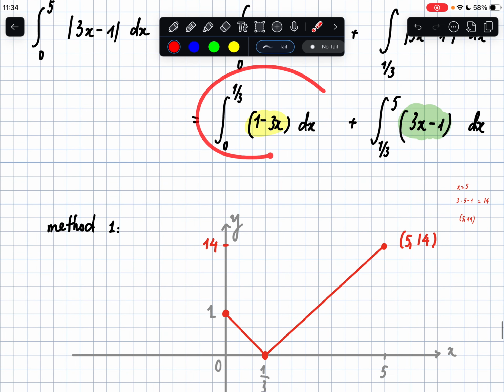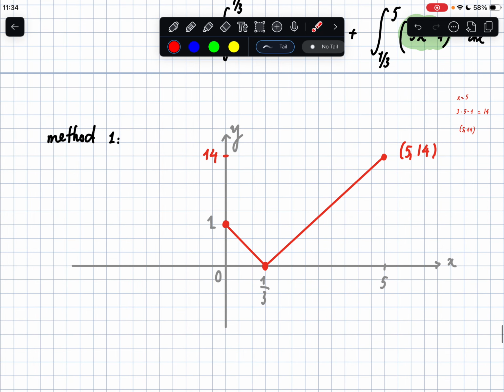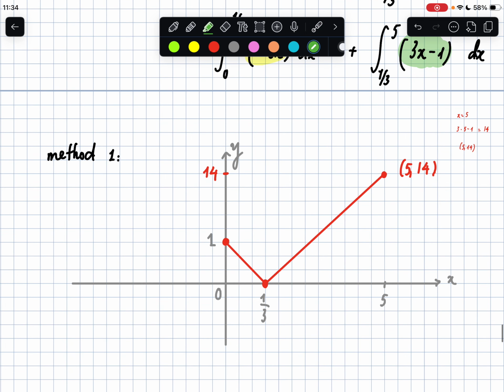The integral here is the area under this curve plus the area under this curve. So the area under the yellow one, this yellow region, and say the green region, this one. You can compute the area of the two right triangles, and you take the sum.